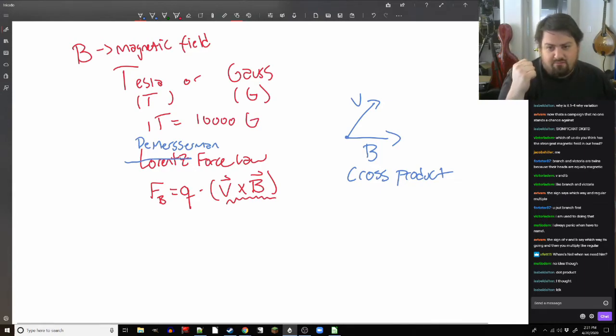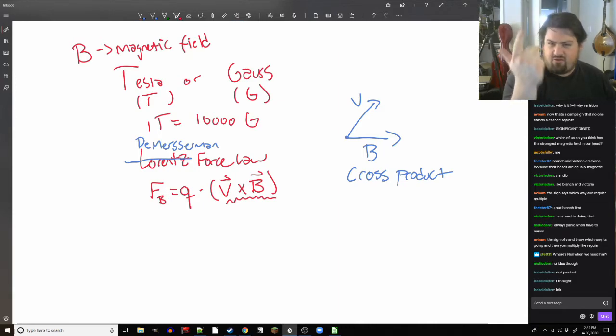If the magnetic field, B, is pointing in the direction of your pointer finger, and the velocity, v, is pointing in the direction of your thumb, then your palm going up, or your middle finger going straight up, is the direction of the magnetic force.